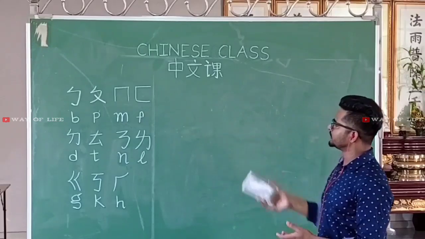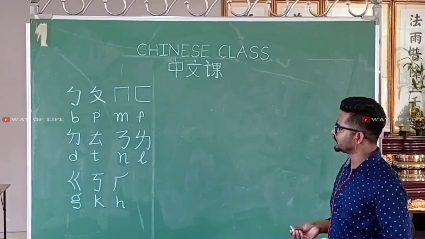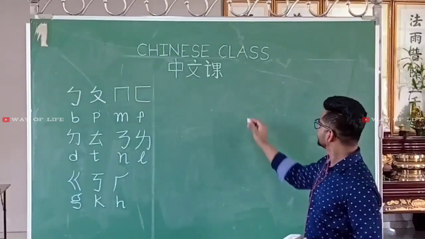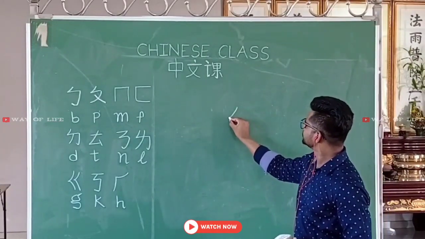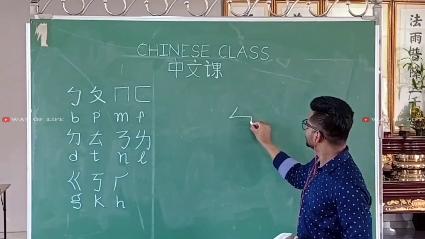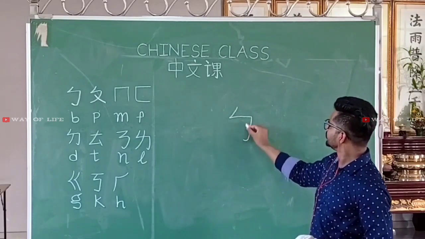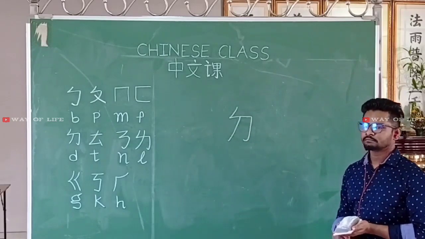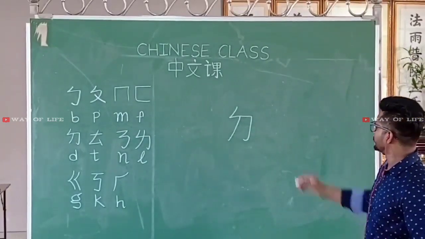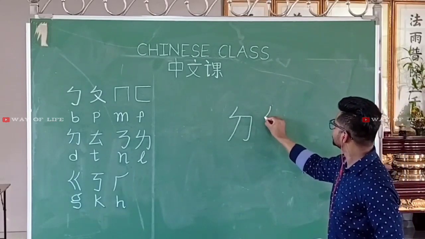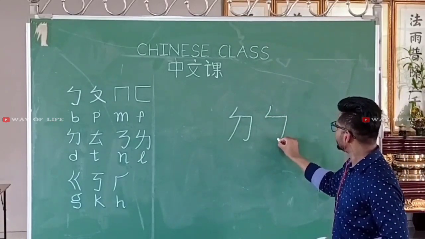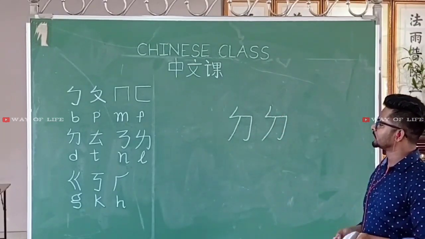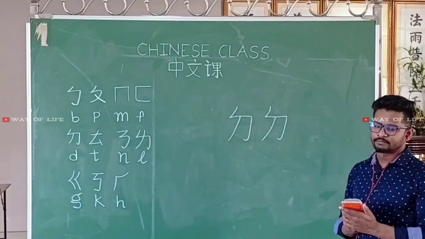Thank you. Let's move to the fifth alphabet. It is T. How to write it? 1, 2, 3 and 4. One more time. 1, 2, 3, 4.